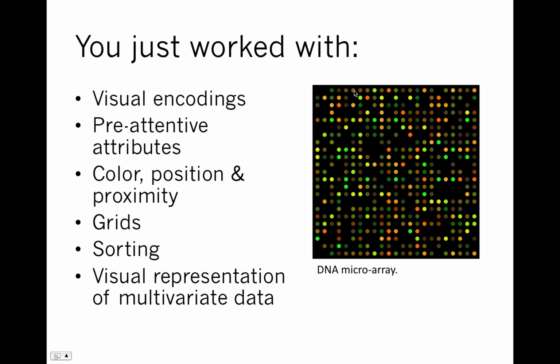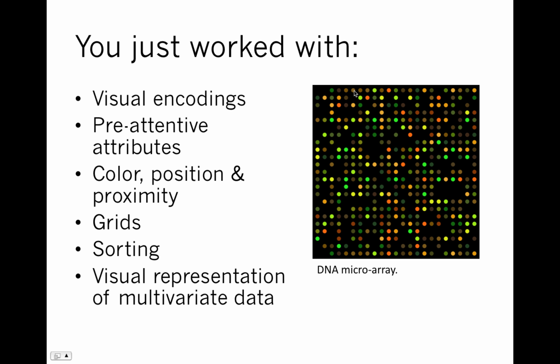Okay, so we've just worked with visual encodings, which means how you map information or variables in your dataset to a particular visual property or attribute. We've talked about pre-attentive attributes, things like length or position, where we can quickly perceive them.